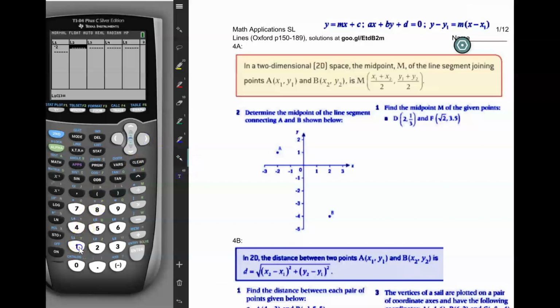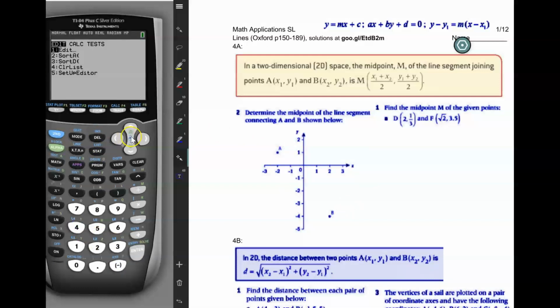I'm saying all the wrong numbers here. Okay, so I think that's right? -2, 1 is A, and 2, -4 is B.